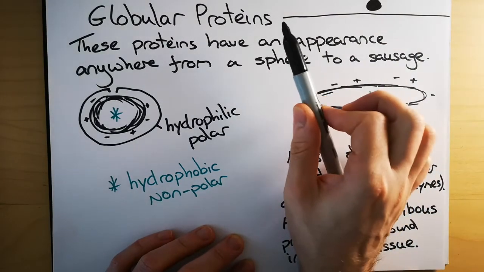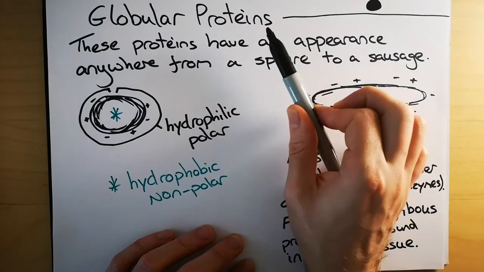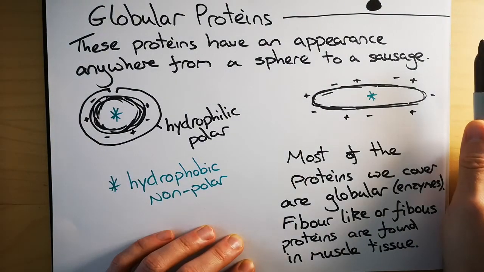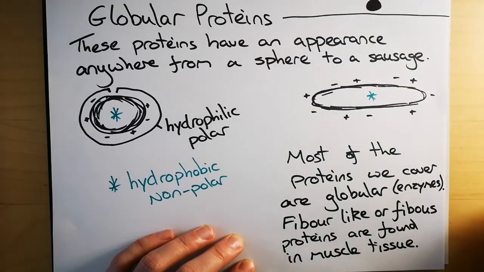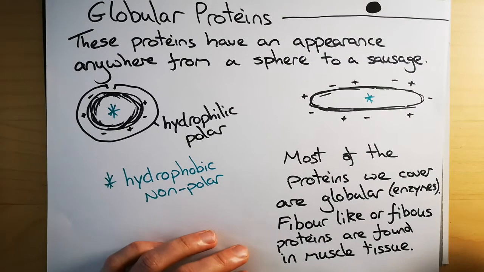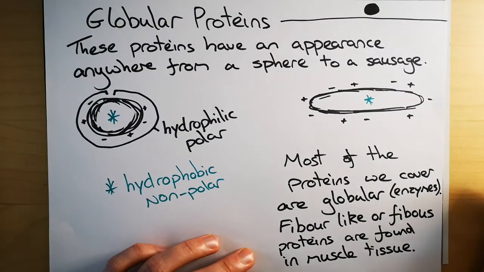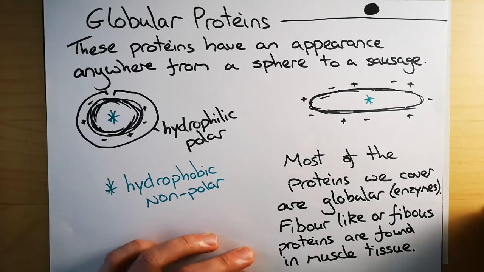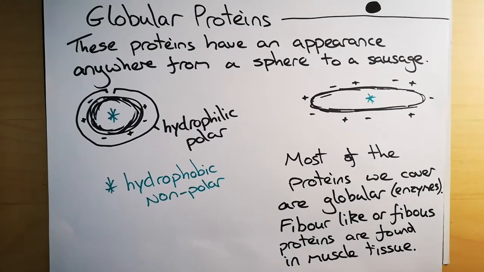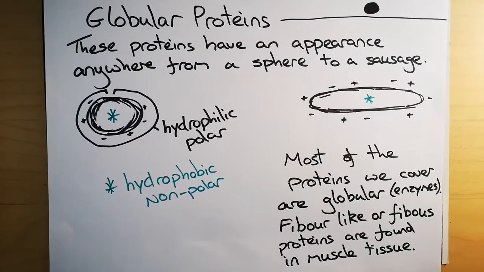These proteins can be extremely long, and the globular protein really could contain just as many amino acids, but they're all confined into a smaller area.